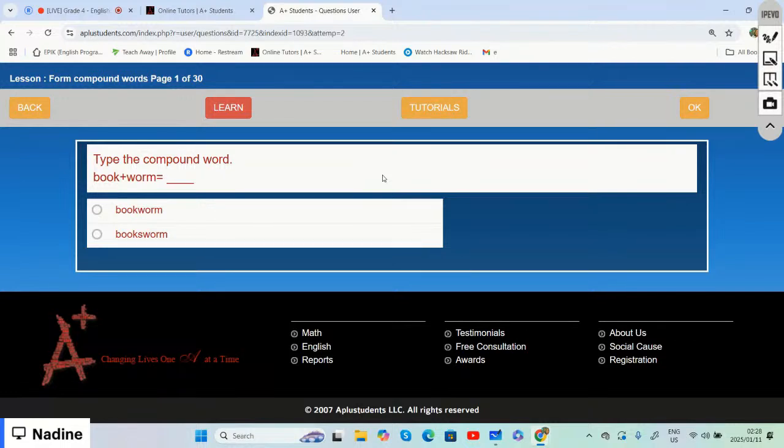So book plus worm. A book plus worm is called a what? Is it option one, a bookworm? Or option two, a books worm? Which one is correct? Bookworm or books worm?